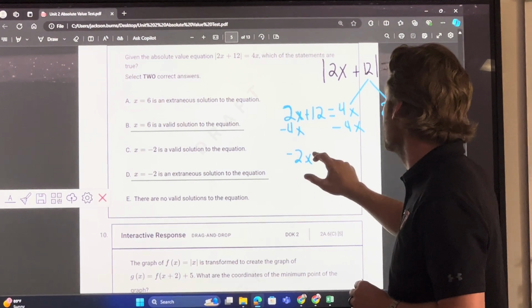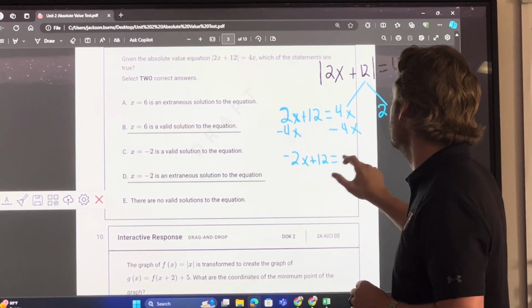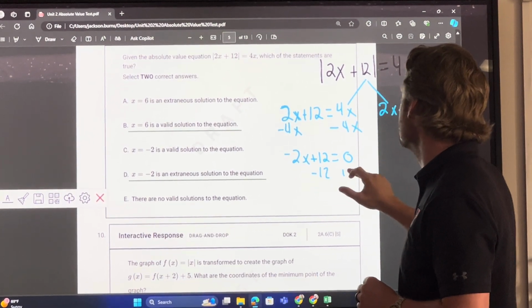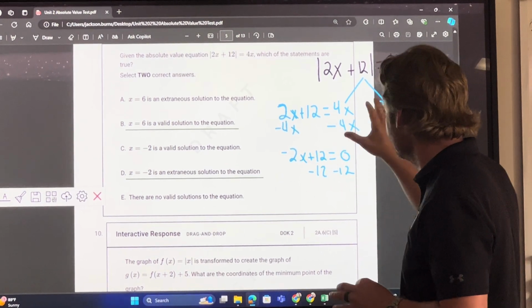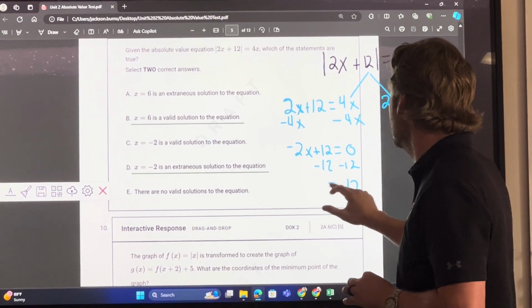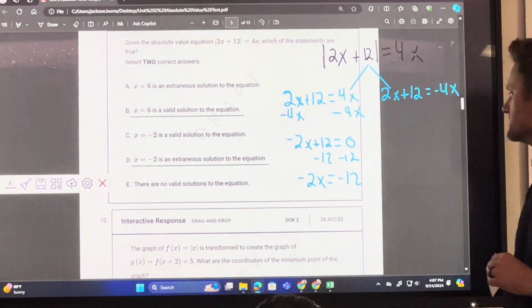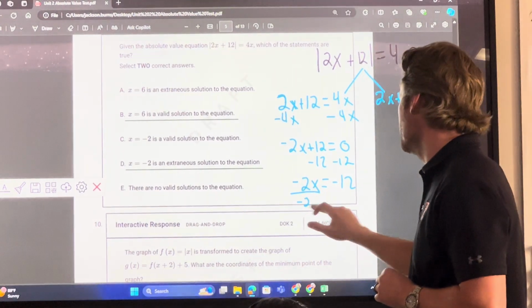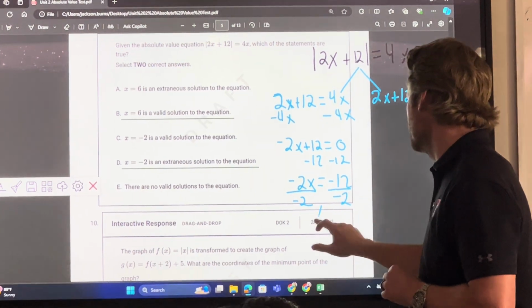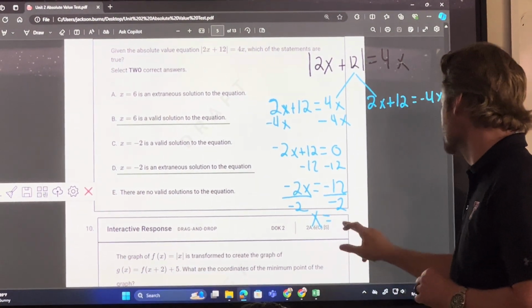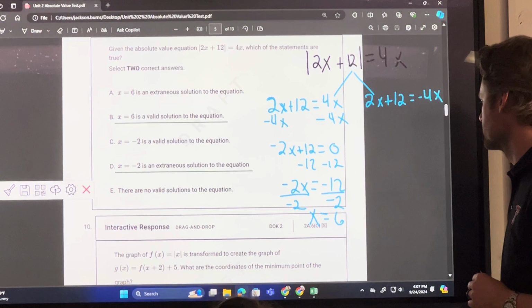I get a negative 2x plus 12 equals 0, minus your 12. Again, you can keep your x's positive, but I'm going to have my x's on my left. Negative 2x equals negative 12, divide by your negative 2, I get x equals a positive 6.